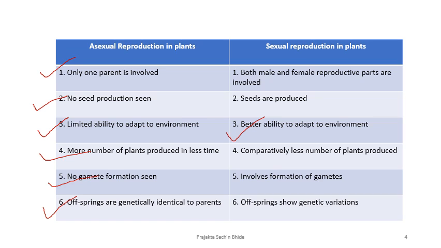Whereas in sexual reproduction, since it is a combination of both male and female reproductive parts, the next generation shows more genetic variation. There are more pointers in this, however at this level, we will stick to these 6 differences between sexual and asexual reproduction in plants.